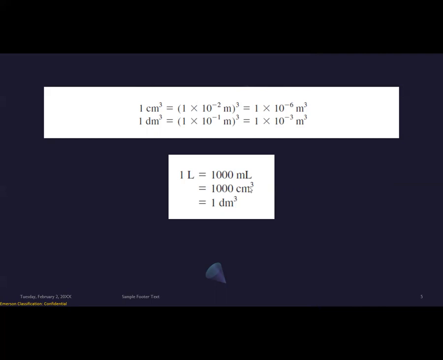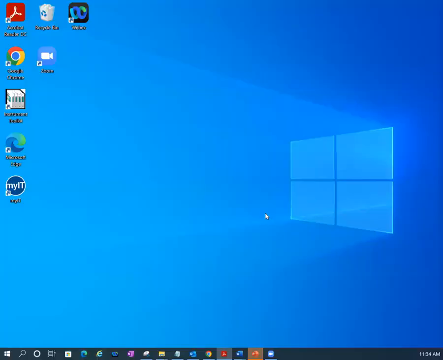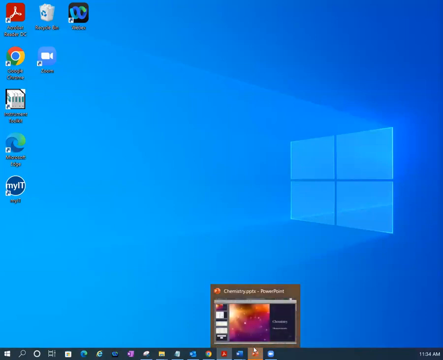So, ibig sabihin, ang 1 milliliter ay katumbas niya rin ang isang cubic centimeter or 1 cc. So, 1 milliliter is equal to 1 cubic centimeter.